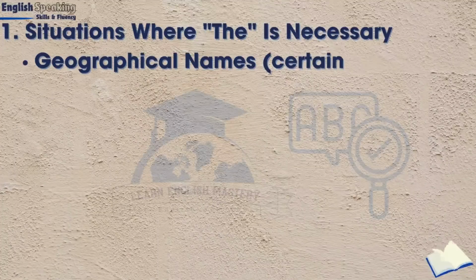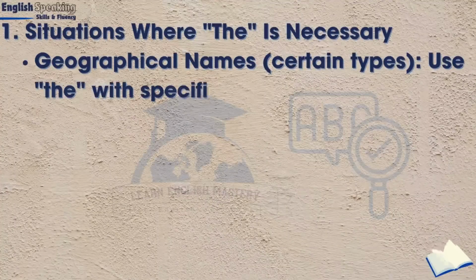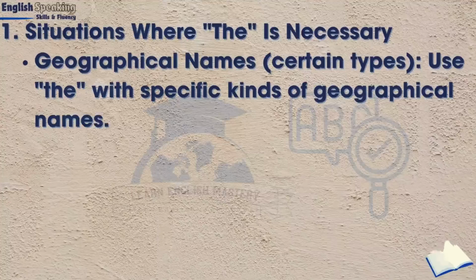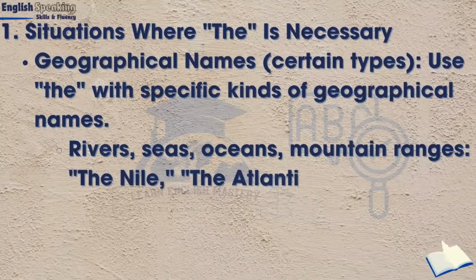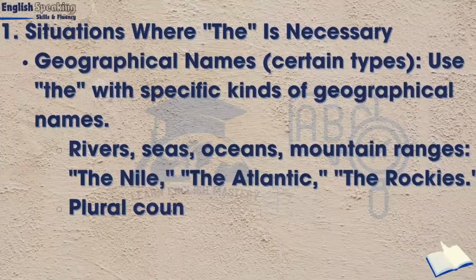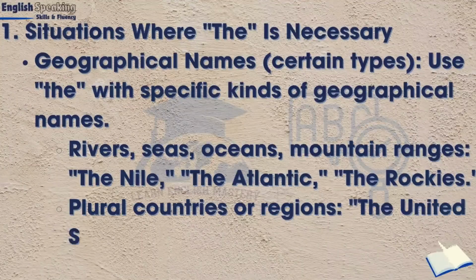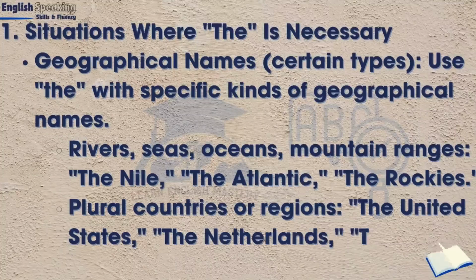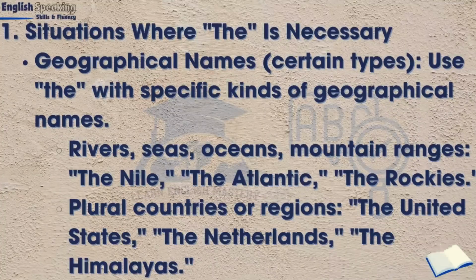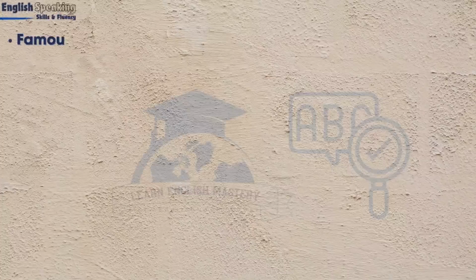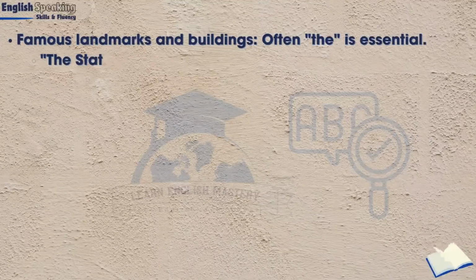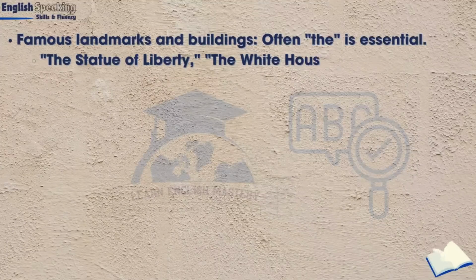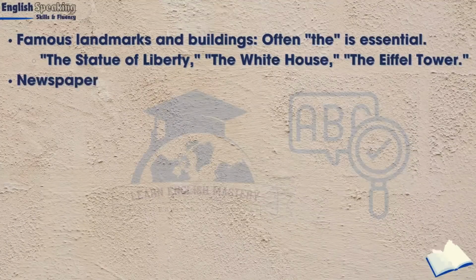Geographical names, certain types: use "the" with specific kinds of geographical names: rivers, seas, oceans, mountain ranges: the Nile, the Atlantic, the Rockies. Plural countries or regions: the United States, the Netherlands, the Himalayas. Famous landmarks and buildings: often "the" is essential: the Statue of Liberty, the White House, the Eiffel Tower.